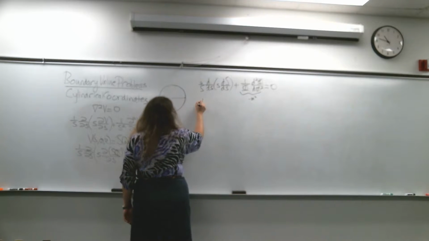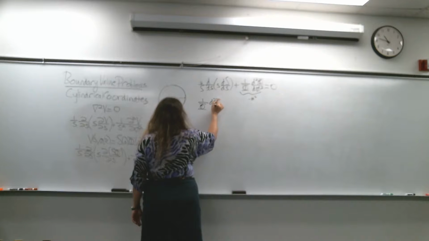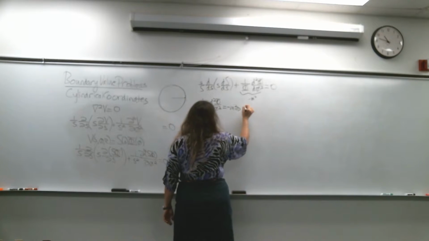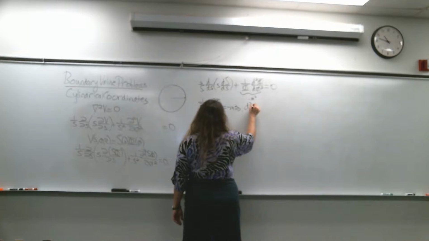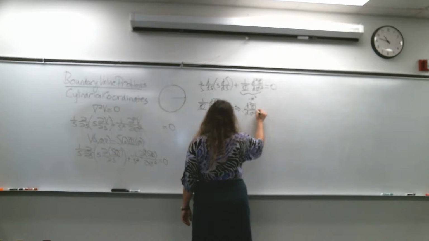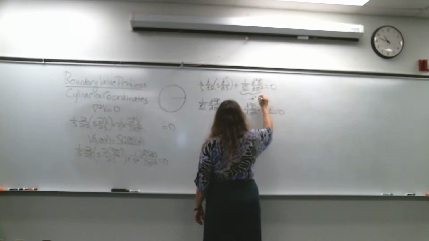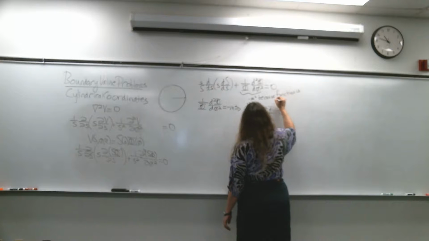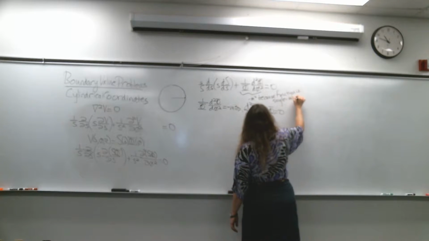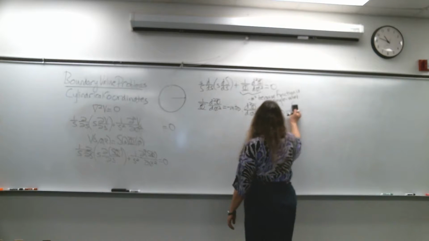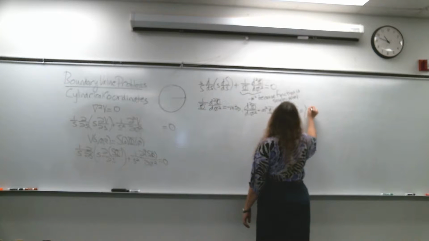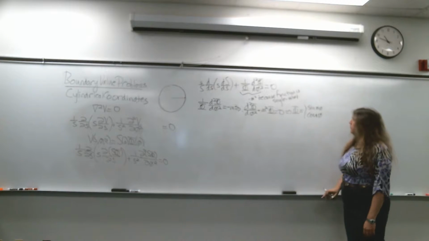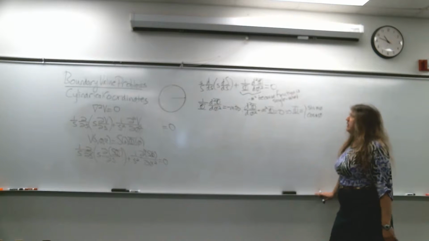Okay? Phi is equal to some linear combination of sine m phi and cosine m phi.